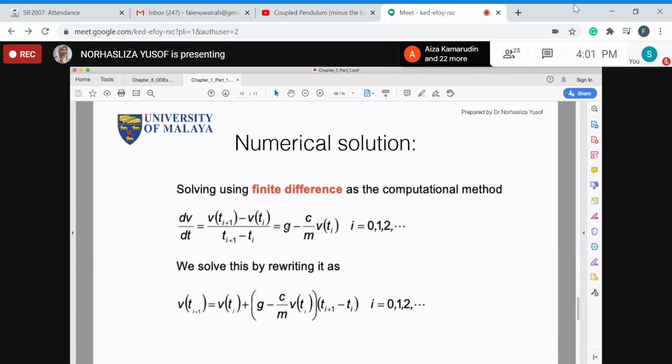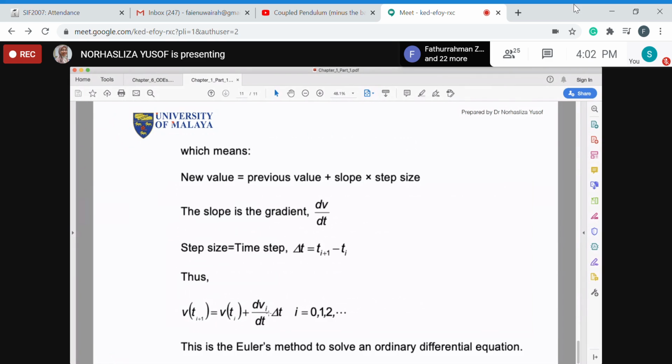Okay, so g is gravitational, c is a constant, some drag constant, and m is mass, and this is where the velocity depends on t. All right. So when you rewrite all this formulation, what happens now?